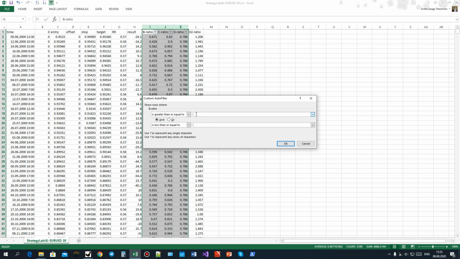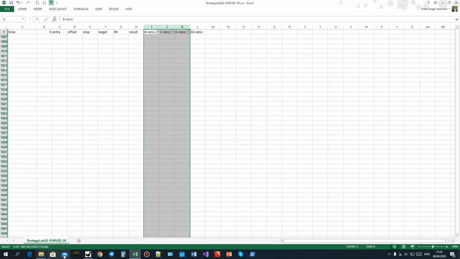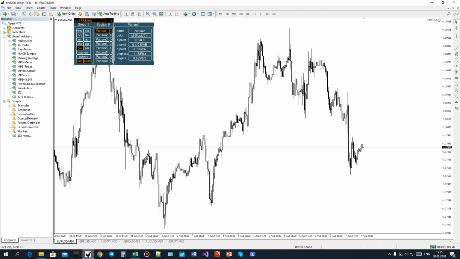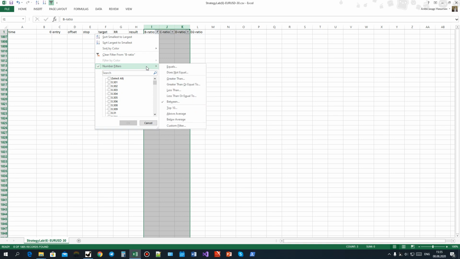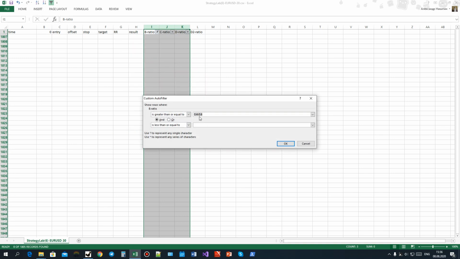The B point is between 0.4 to 0.6, I suppose, yes. No, not that. 0.3 to 0.8. I was wrong. Between 0.3 to 0.8.